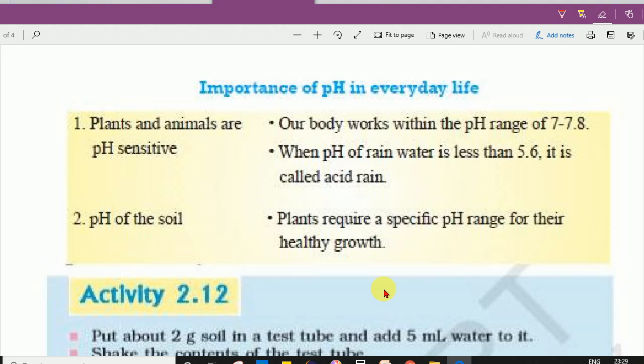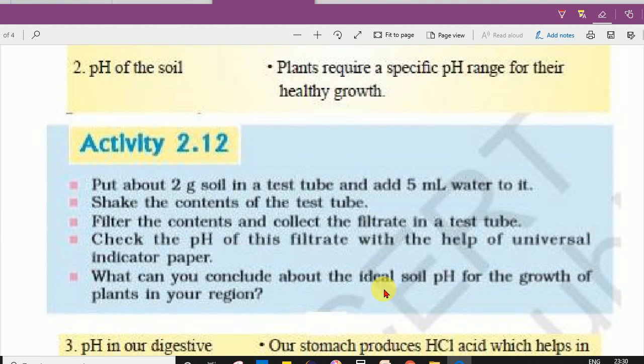Children, one thing I would like to tell you here today is that CBSE has introduced some activities which you have to design. That is, the question that comes in the exam is, design an experiment to show so and so. Suppose they give you a question: design an experiment to show the pH of the soil in your backyard.